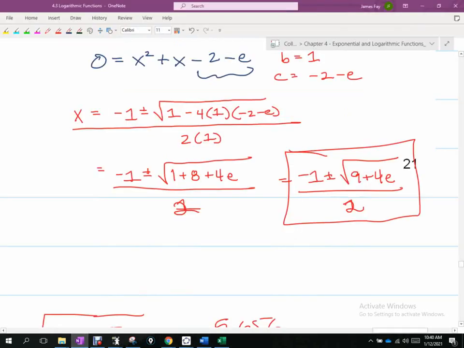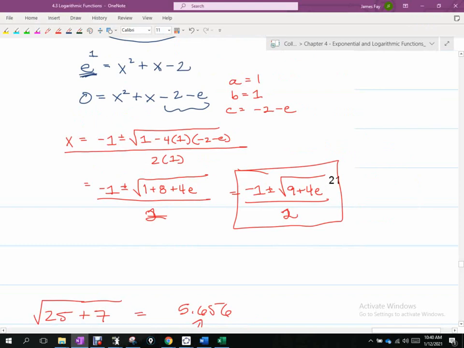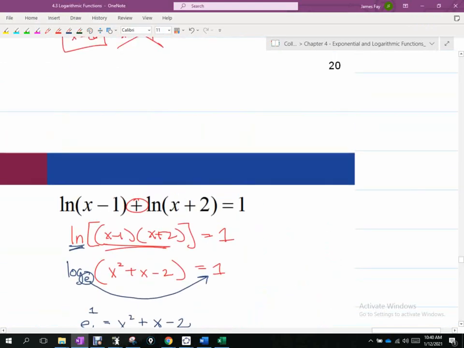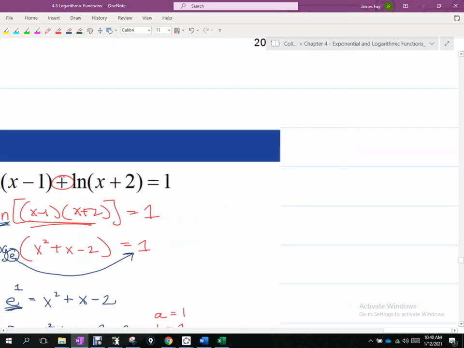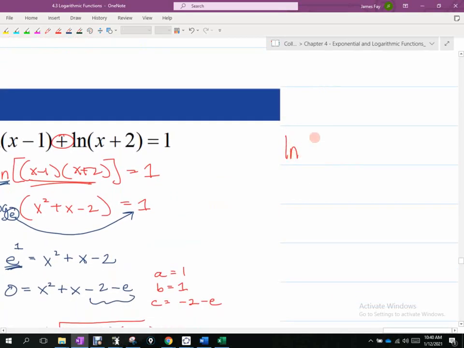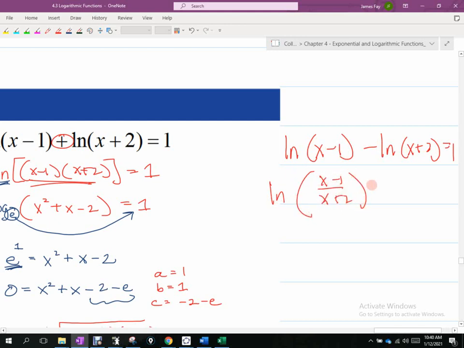How to work with logarithms? We talked about this in the last class, just real quick. If this was ln of x minus 1 minus ln of x plus 2 equals 1, what do you do with subtraction? What's that turn into? x minus 1 over x plus 2 equals 1.